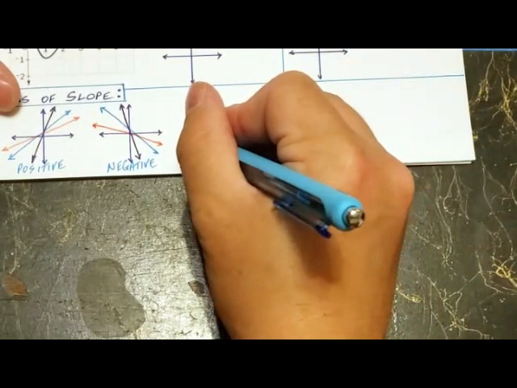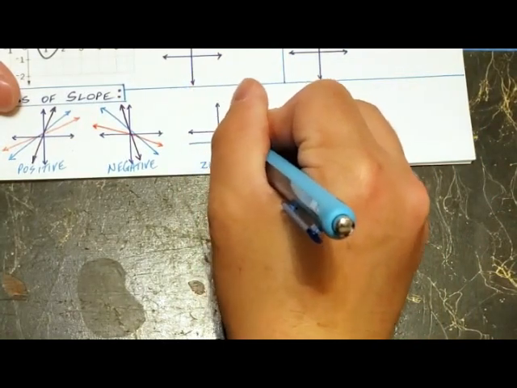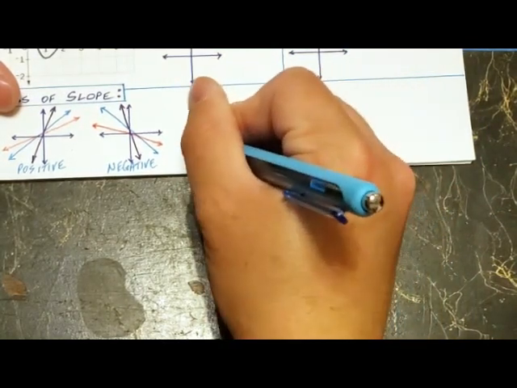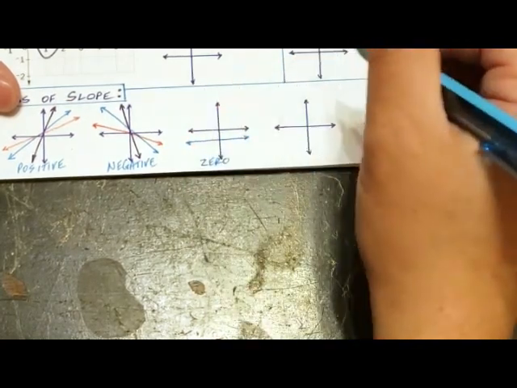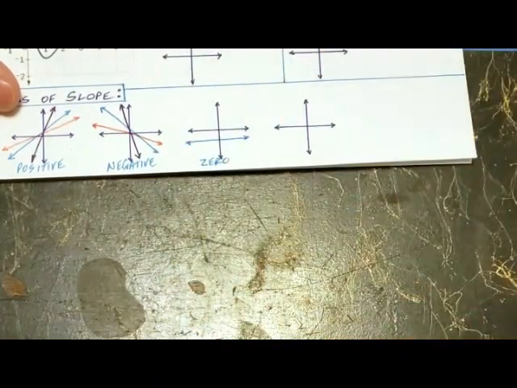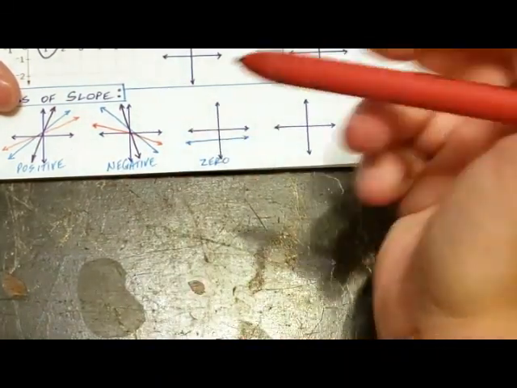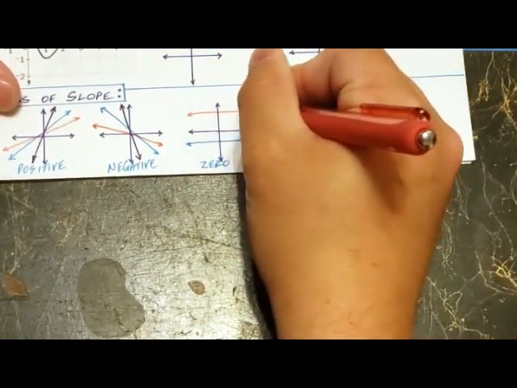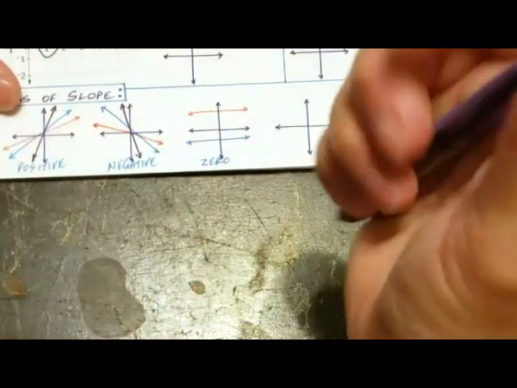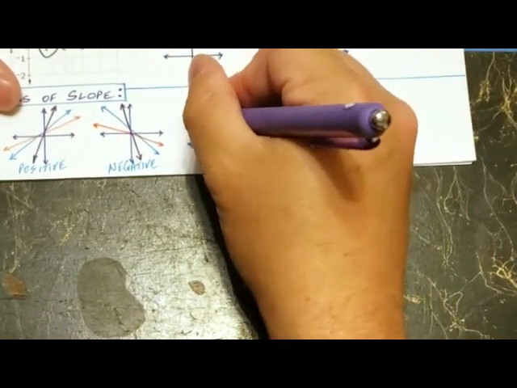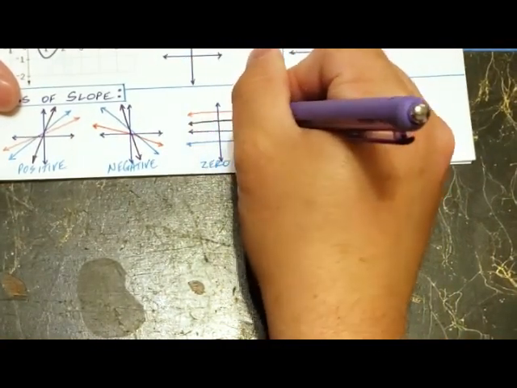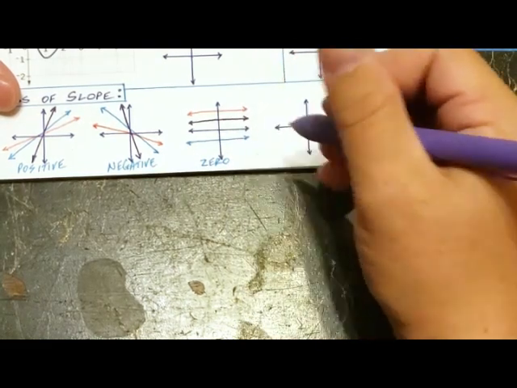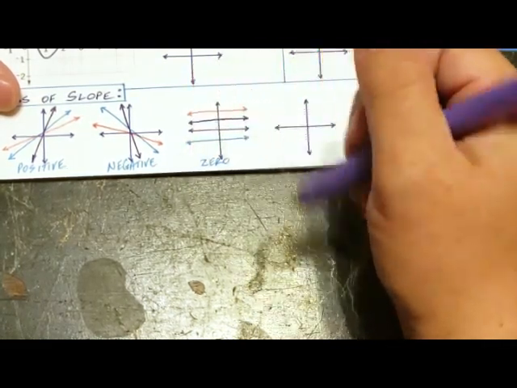A slope of 0 is parallel to the x-axis, but it's not going up, it's not going down, it's parallel to the x-axis. All right, here's a 0 slope, here's a 0 slope, here's a 0 slope. All of these have a slope of 0 because they're parallel to the x-axis.